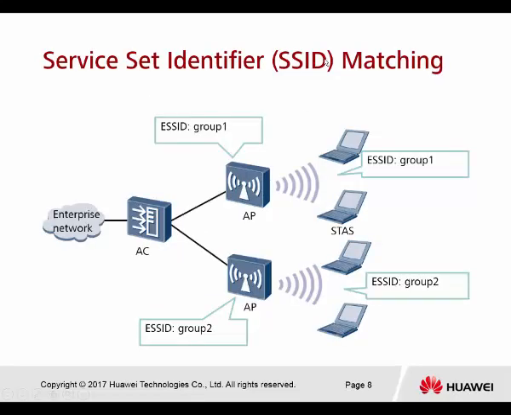Then the next one, we can use SSID matching. What does this mean? Some of the APs or maybe the controller can support SSID hiding, so we can hide our SSID. Only if the user puts in the right SSID can they associate with the AP.